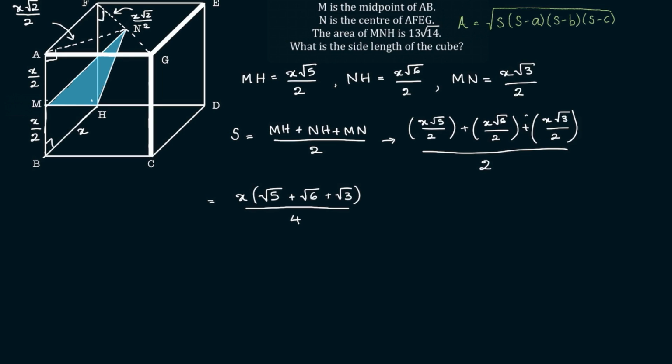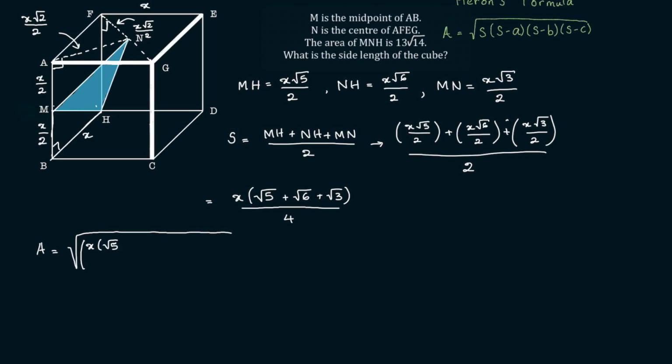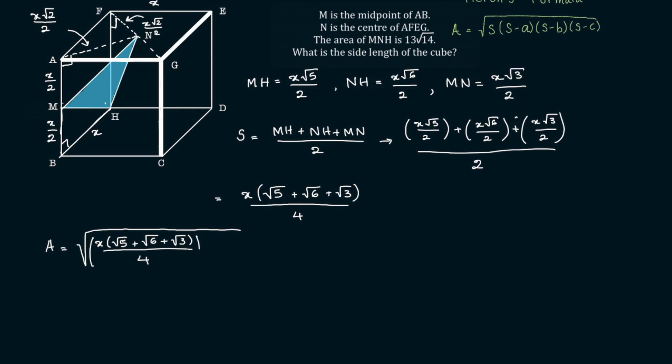Alright, so we have that the area of triangle MNH, so the area is equal to the square root of, and first we'll have the semi-perimeter, so that's x times root 5 plus root 6 plus root 3 all over 4.